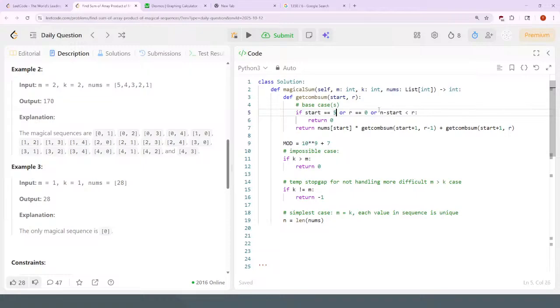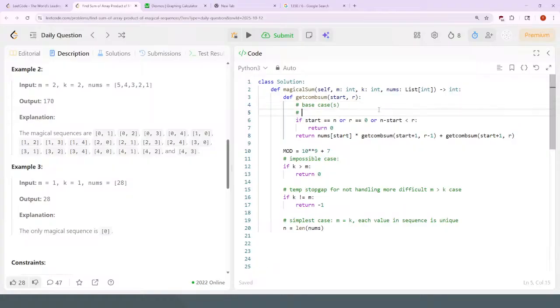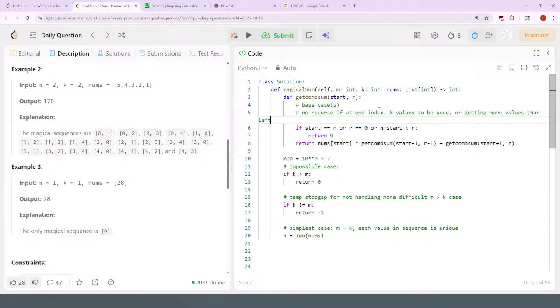Wow, why is start equal 5? That's not it. Start equals n. Base case, no recursion, no recurse if end index, zero values to be used, or trying for more values than left.